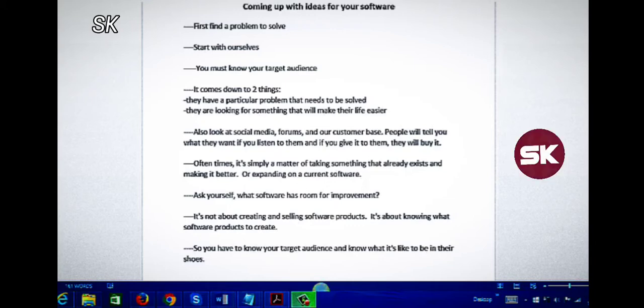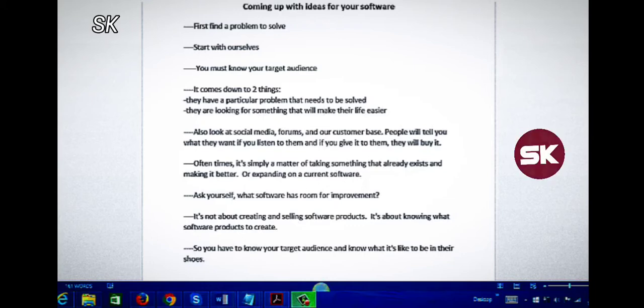You must also know the target audience that you plan to sell your software to. Basically, it comes down to two things: one, consumers have a particular problem that needs to be solved, and two, they are looking for something that will make their life easier.